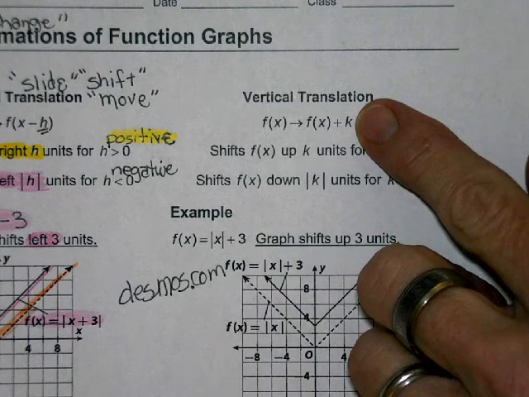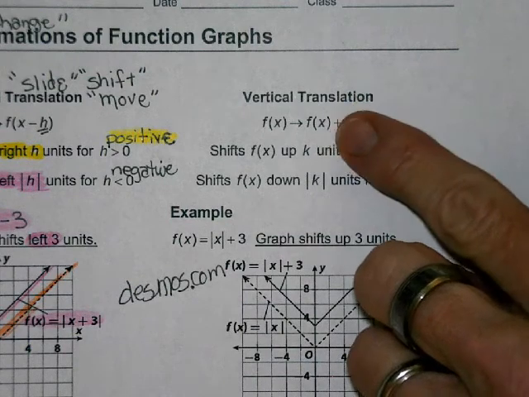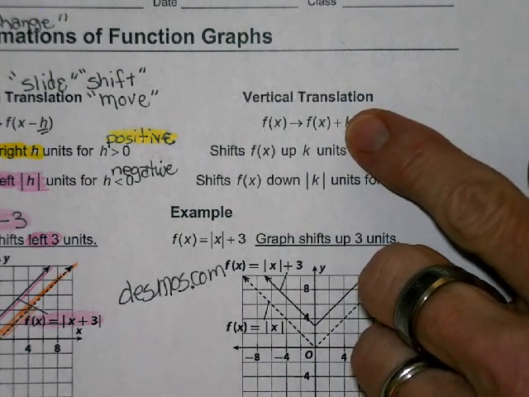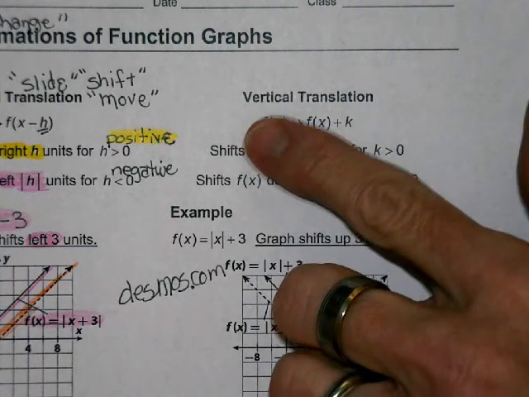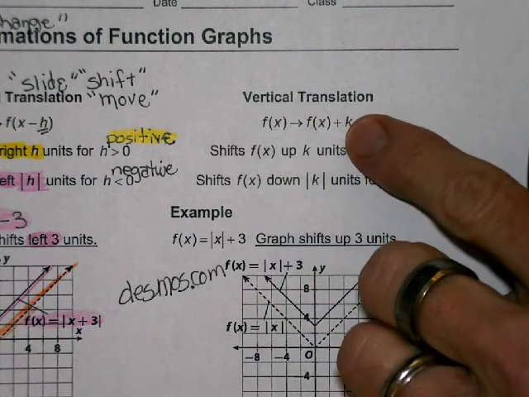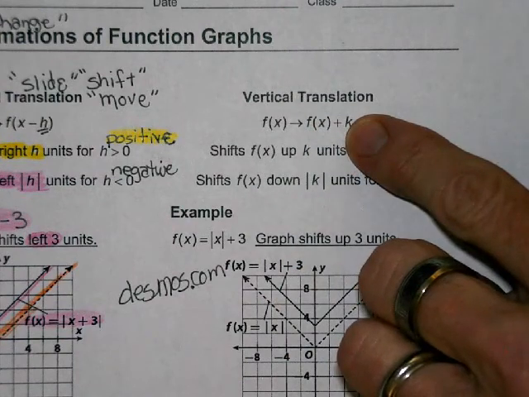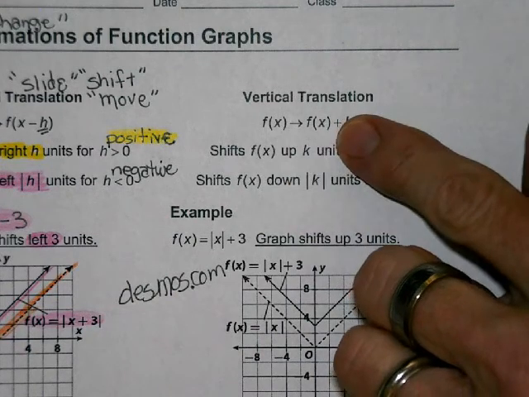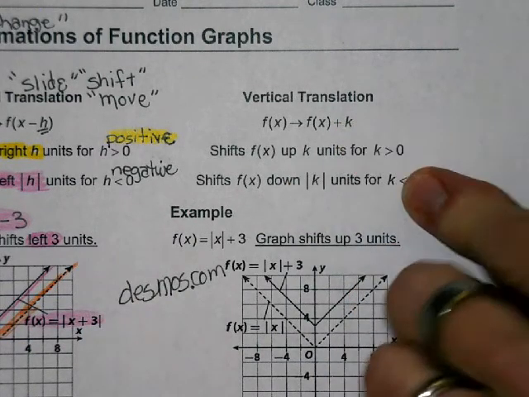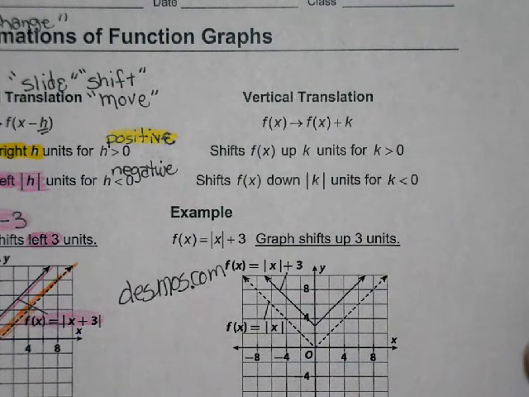Universally in most math ideas, again, this is not a law, it's just a protocol. If you're going to change a function graph vertically, it's normal looking. I add k, I go up k. And if I subtract, you see a minus number, it's going down. So that one is the next mistake.